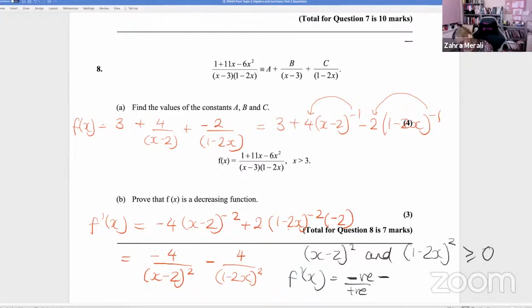With the other term, you've got another negative over a positive, which will always be less than 0. Therefore, it's decreasing. By stating this, and maybe one more sentence, therefore it's always decreasing, you would get your full marks there. Okay, so let's have a look at the next question.